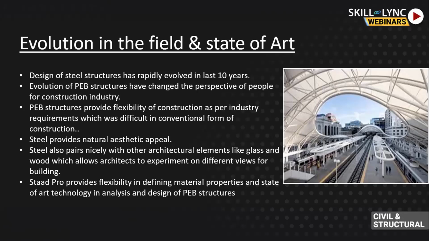You would have seen a lot of buildings around you with glass cladding and steel structures, only glass and steel. That gives a very pleasant view, and this kind of structure is very possible with steel. And for flexibility, you can design your structures in both directions according to their requirements. That gives you very much flexibility in construction, as per the requirement of industries.